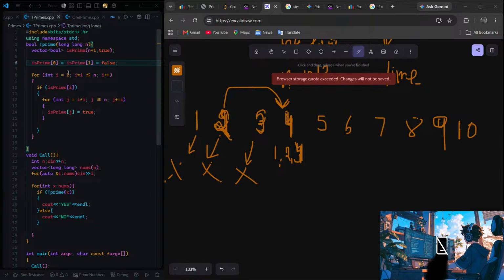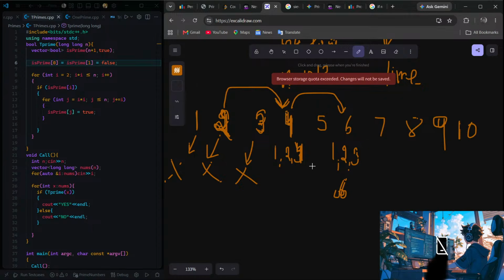And initially, I will mark 0 and 1 as not T prime numbers. Okay. So I will see 4 is a T prime and then I will jump to 6. Will 6 be a T prime? So I will see what all are the factors of 6. It will be 2, 3, and 6 here, right?